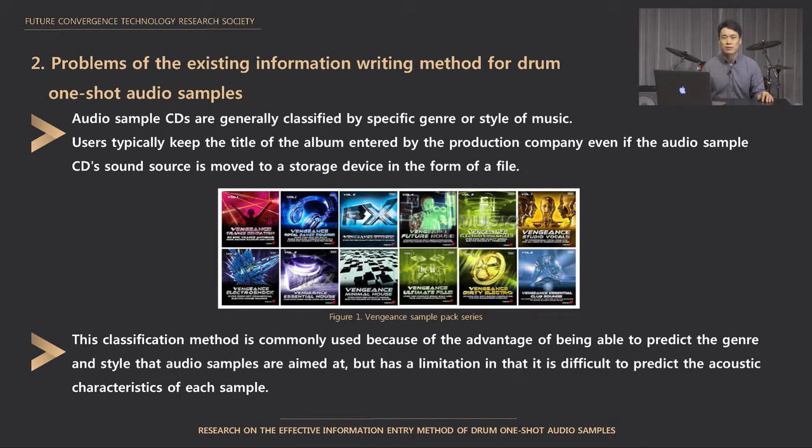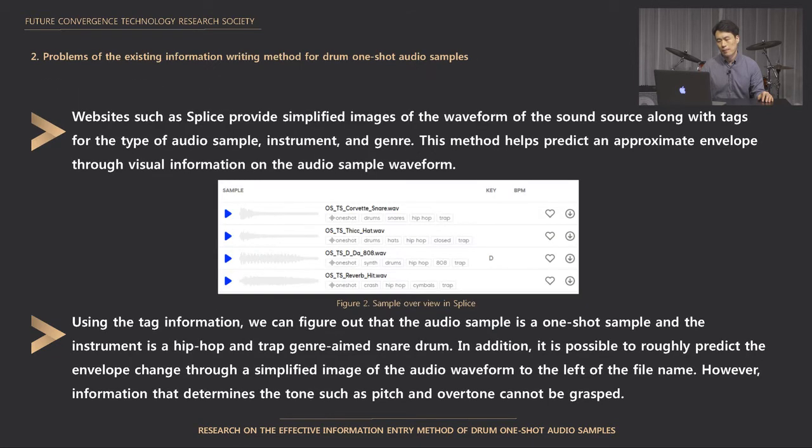This classification method is commonly used because of the advantage of being able to predict the genre and style that audio samples are aimed at, but has a limitation in that it is difficult to predict the acoustic characteristics of each sample.